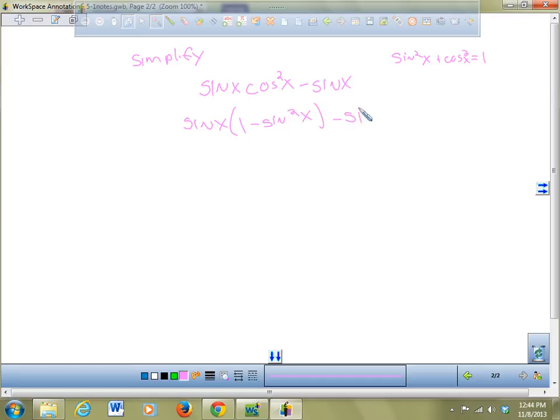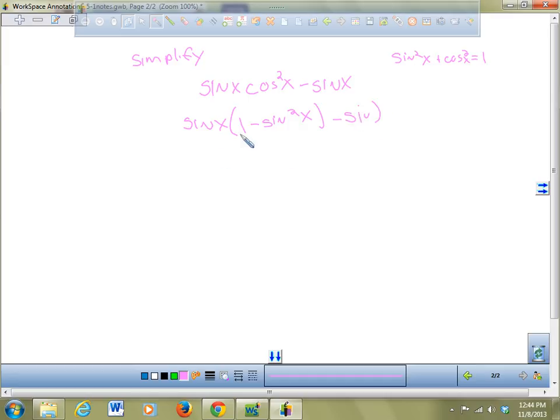Minus, was this minus or was it times? Did I write down this problem right? I did. Okay, so that's minus sine of x.